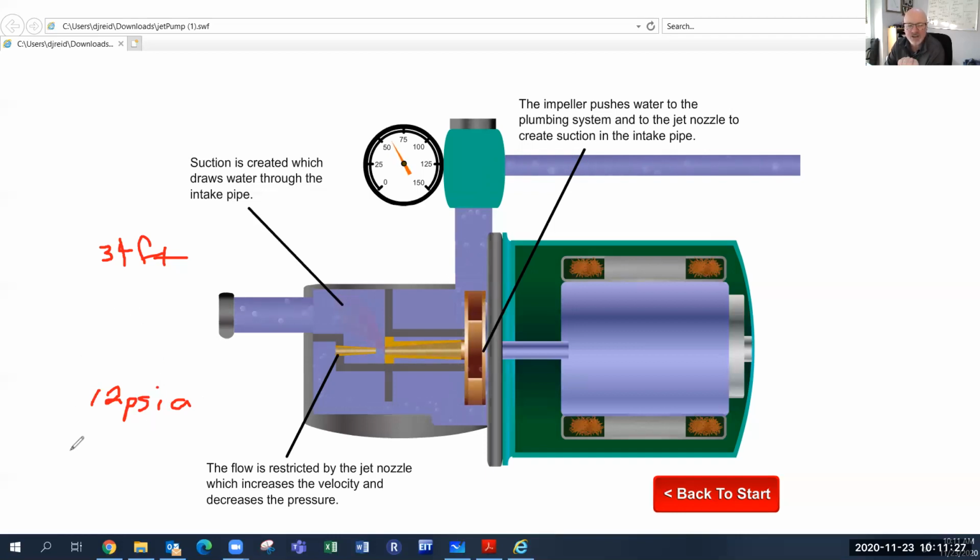We're not even going to get close to 34 feet of suction. In practicality, it's going to be closer to about 20 feet of suction, or 25 feet at sea level. But again, the higher the elevation, the less suction we get.